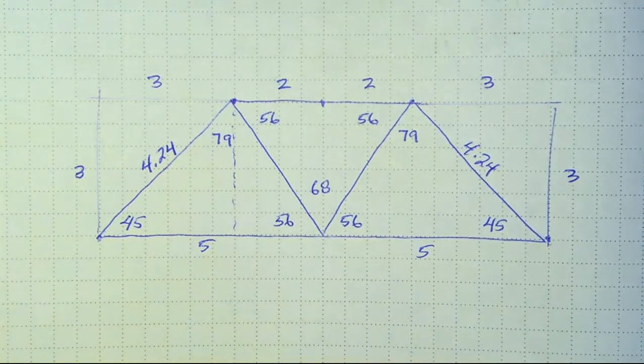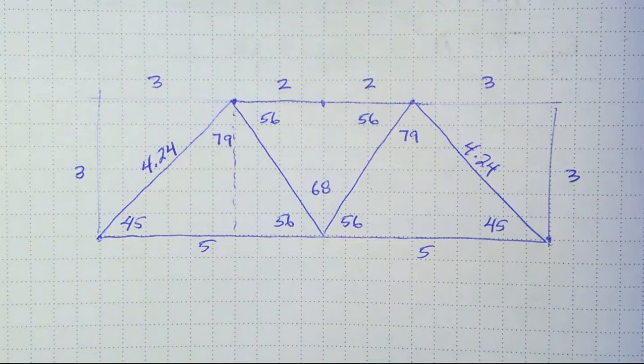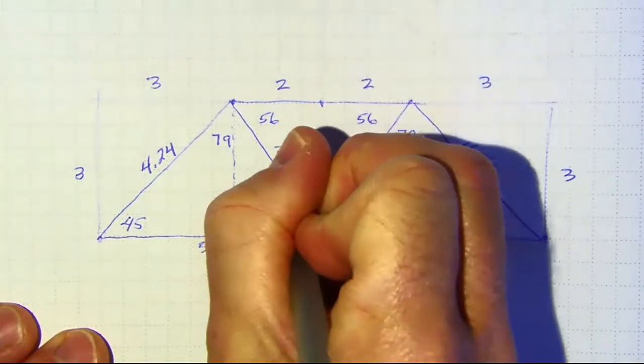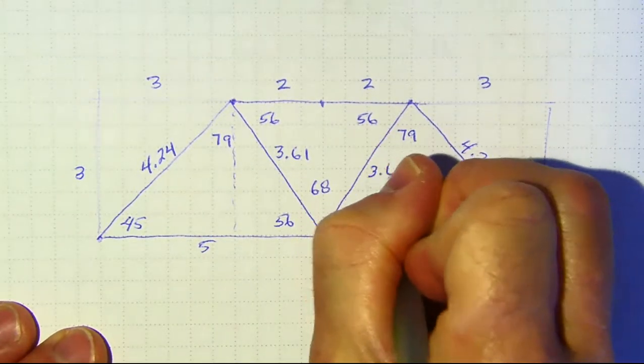A squared plus b squared equals c squared. 2 squared is 4, and 3 squared is 9, and 9 plus 4 is 13. The square root of that is 3.605512754639989. I'm just going to put 3.61. This one is 3.61.